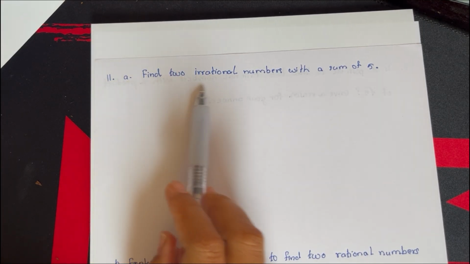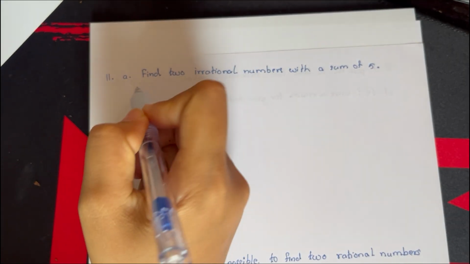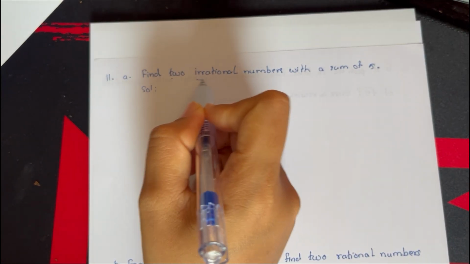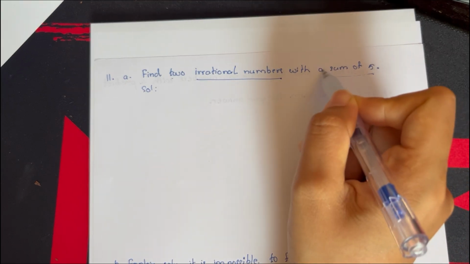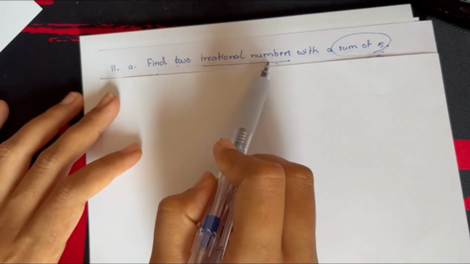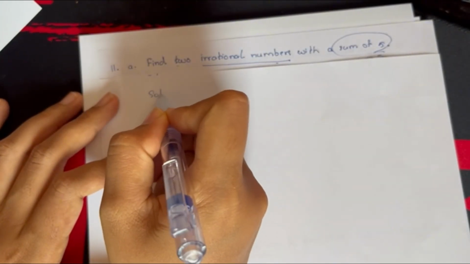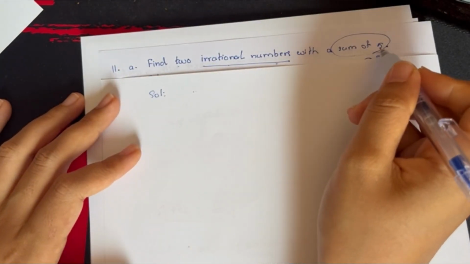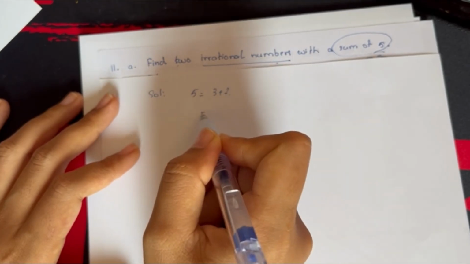11a. Find two irrational numbers with a sum of 5. So solution: we have to find two irrational numbers such that if we add them, the sum will be 5. If we want to get 5, 3 plus 2 will be 5.